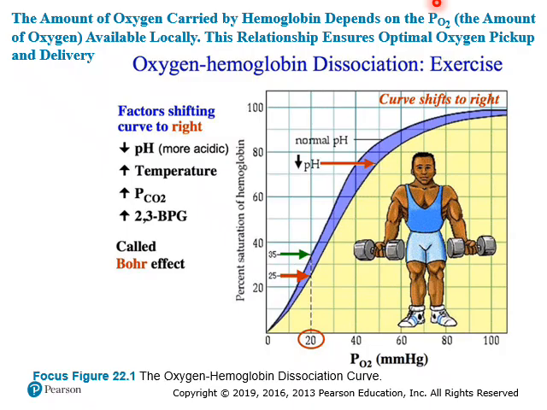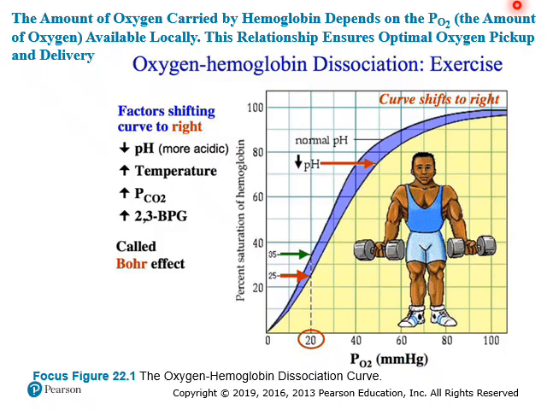Heat production in active tissues directly and indirectly decreases the hemoglobin affinity for oxygen. It allows increased oxygen unloading only to the active tissues. There are other factors that also affect hemoglobin saturation, like those recorded here.